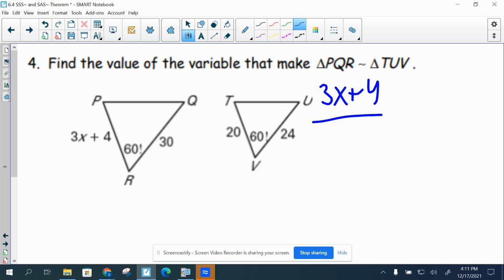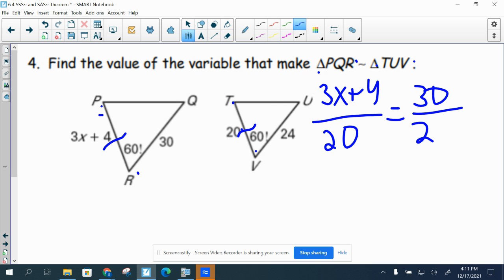So it doesn't matter if we do, well, I guess no, sorry, that's not technically true if it's 60 degrees. We don't know enough about that. But anyways, if you know PR matches with TU or TV. So that's TV. So these two sides are proportional. So that's over 20. And then you got the other two sides, 30 over 24.